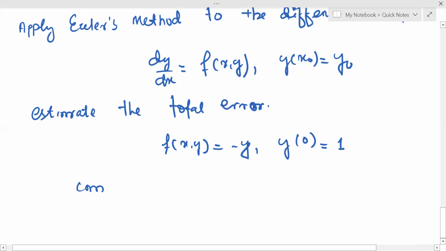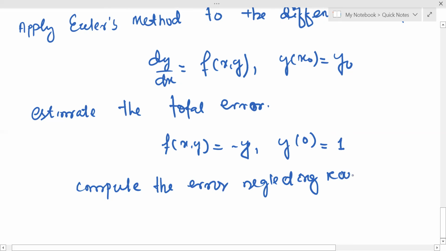Compute the error neglecting round off error.